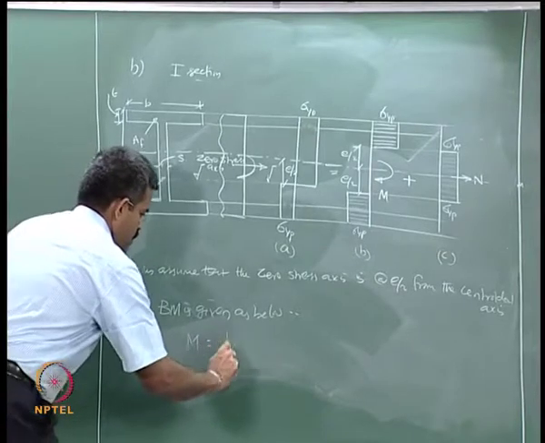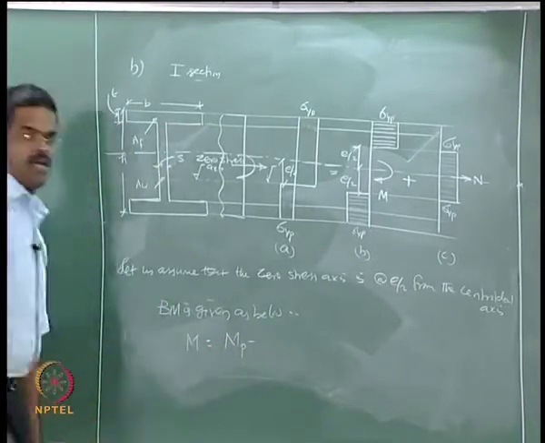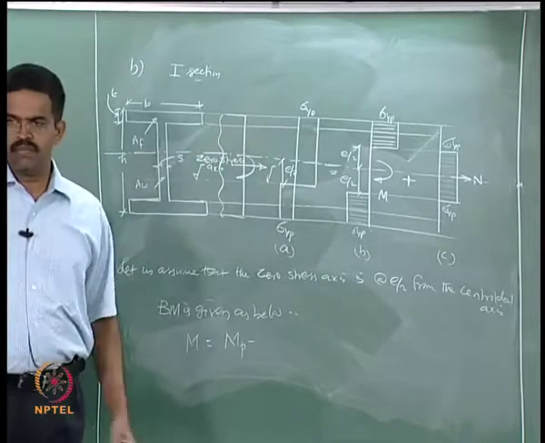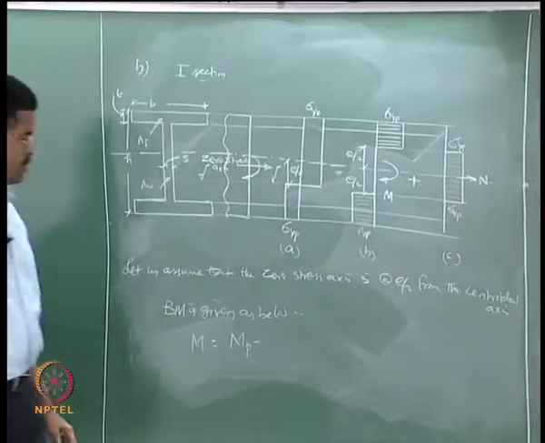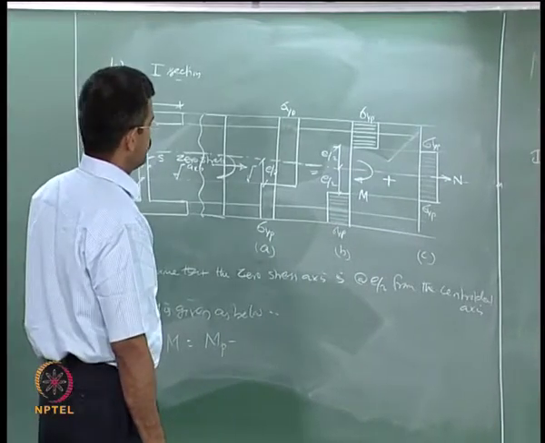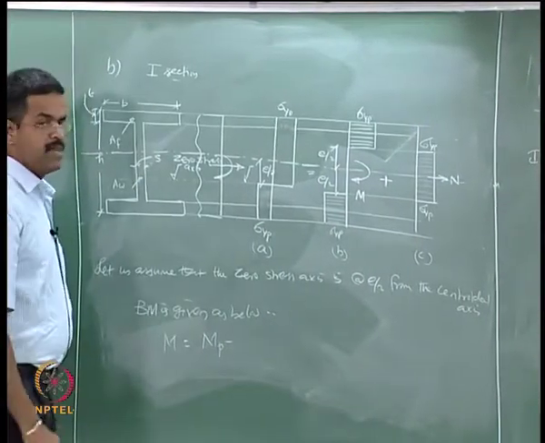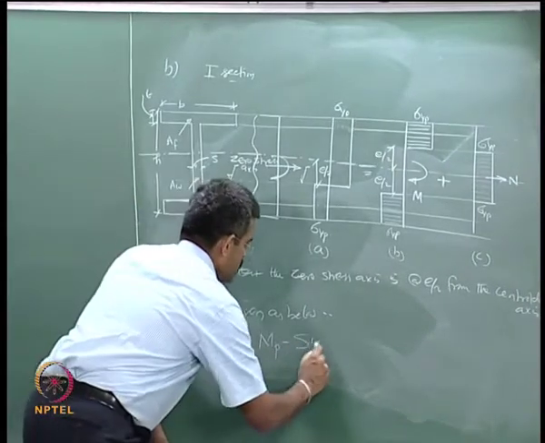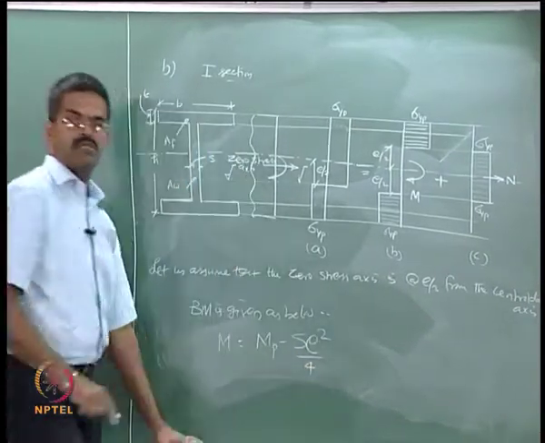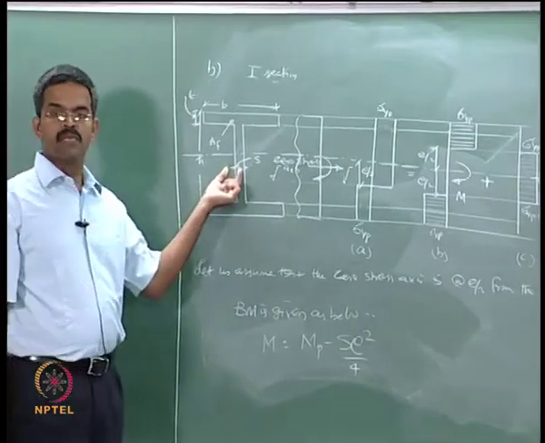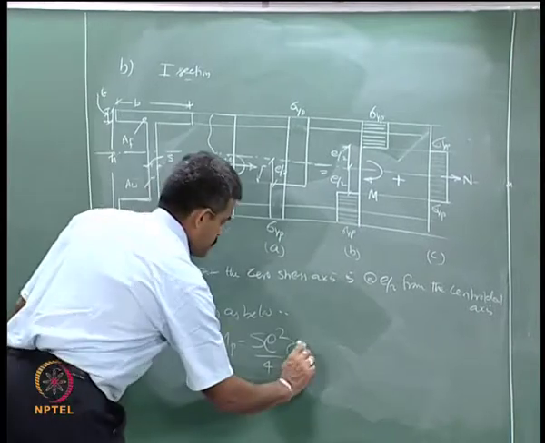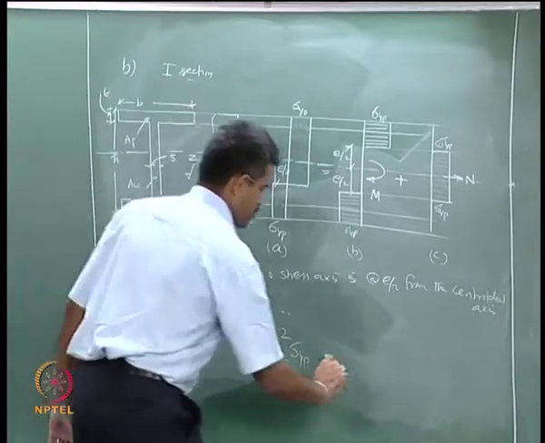M is going to be MP minus, the same equation I am using which we did for a rectangle, MP minus, there we said it is B E square by 4. Now, I will say S E square by 4, is that okay, because B in this case is S, into sigma y, equation 1.